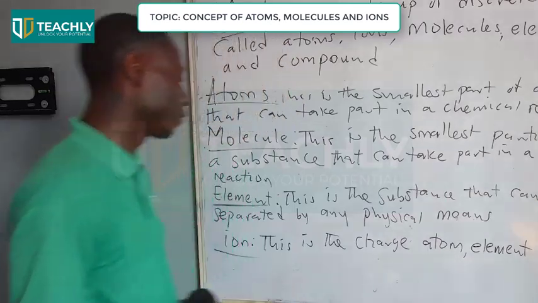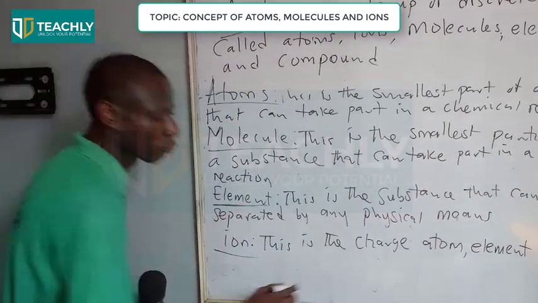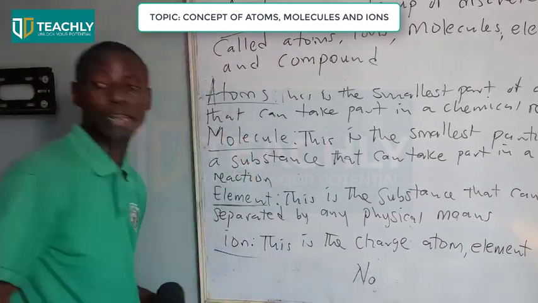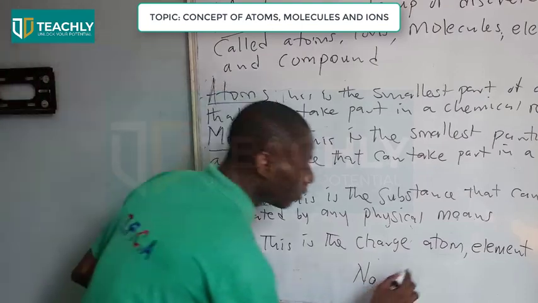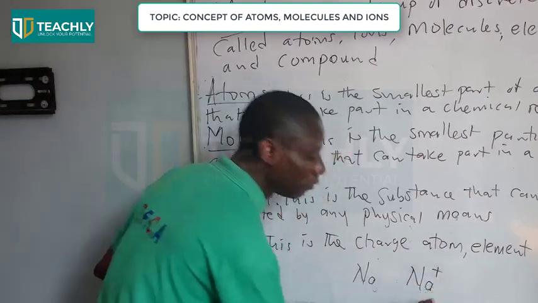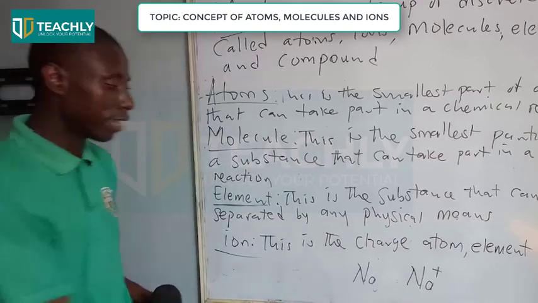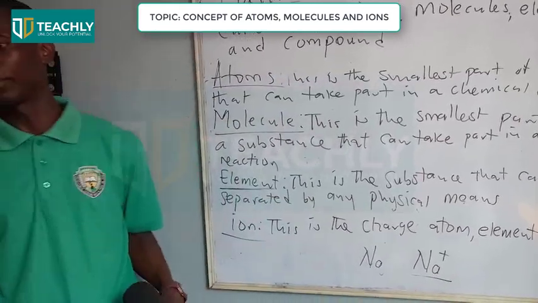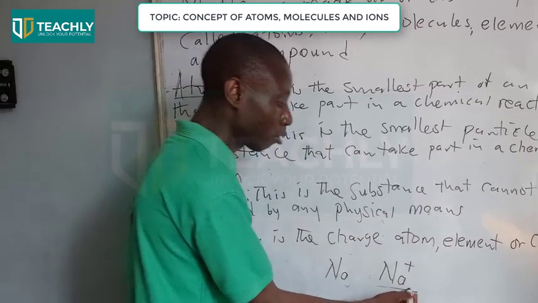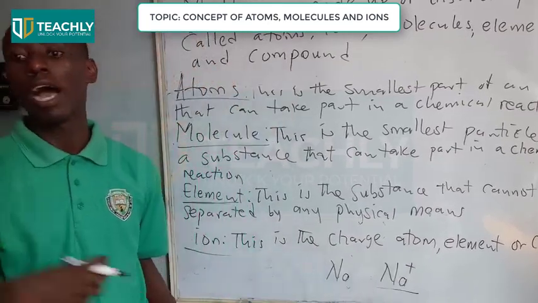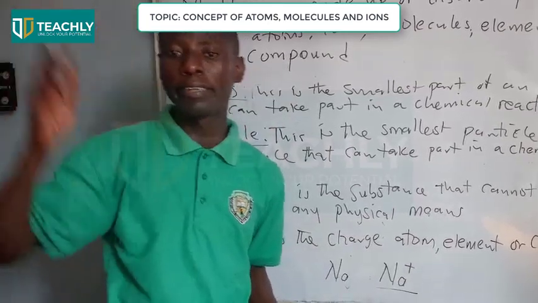For example, let me give you an example. I can have a charged atom. Sodium is just an ordinary atom. If I have Na+, this is a charged atom. So this Na+ is the sodium ion. Here, Na+ is charged by donating electrons.